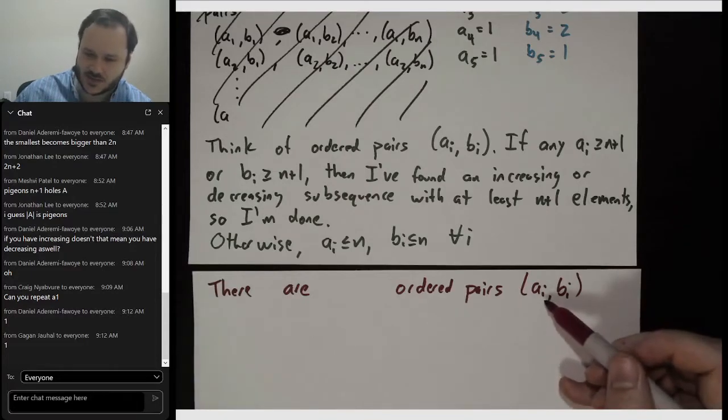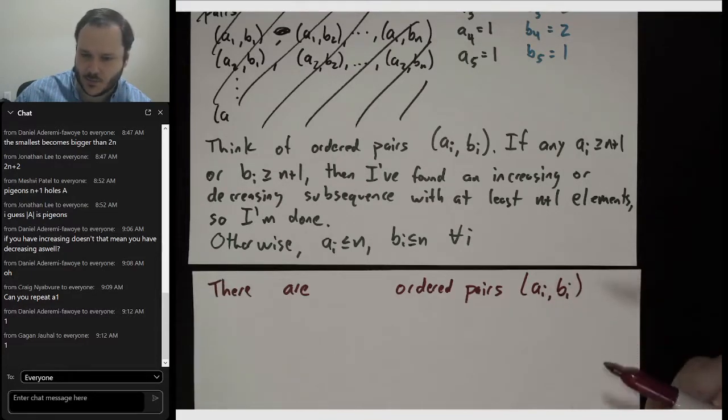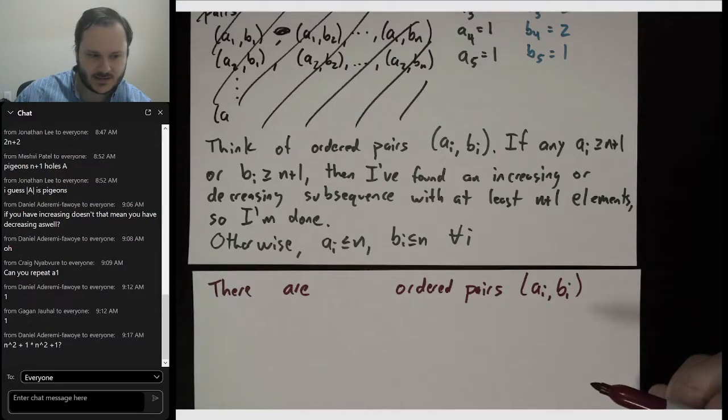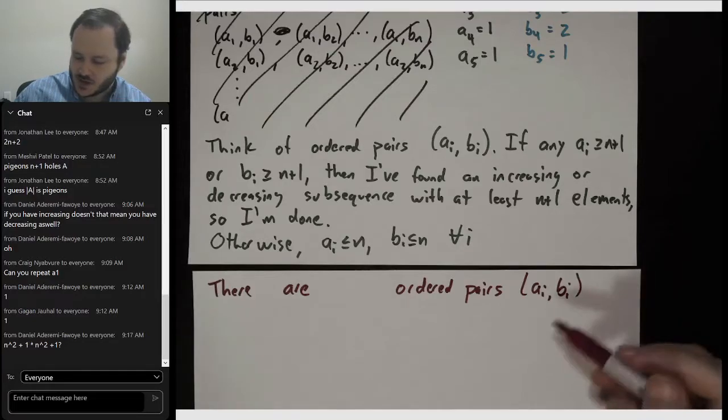How many different values can my index take? All right, lost people a little bit. N squared plus 1 times n squared plus 1.